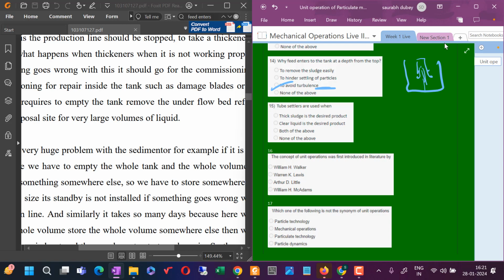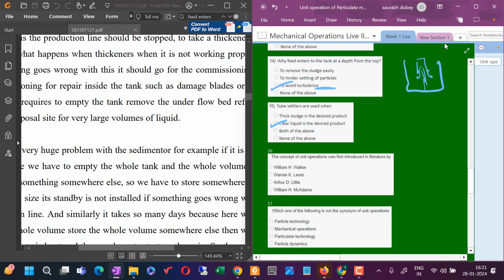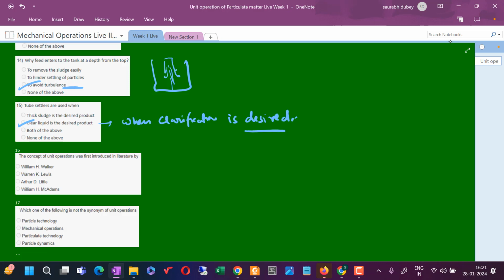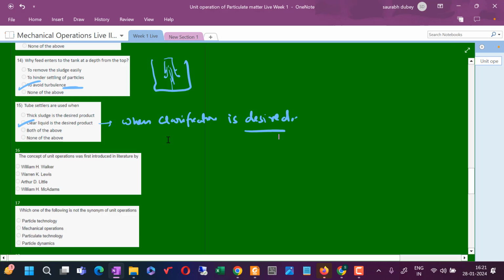So your clarifying tank's clear liquid is the desired product. When clarification is desired, then this will be happening.